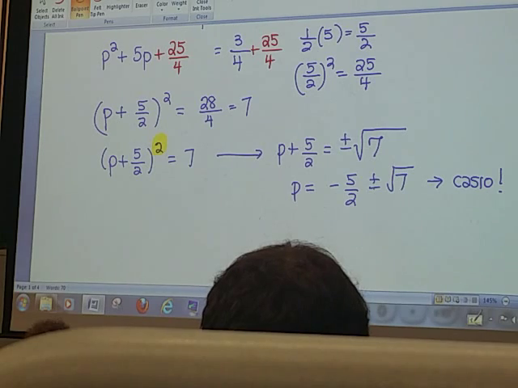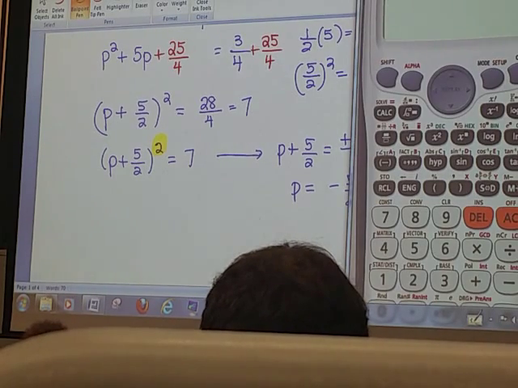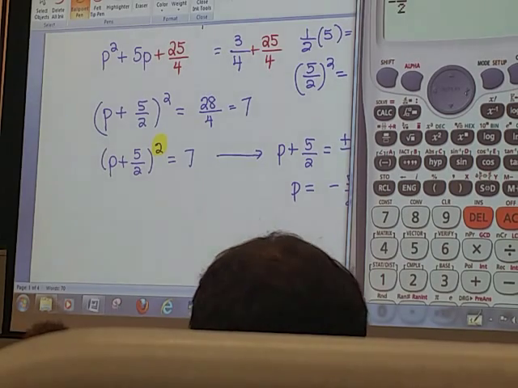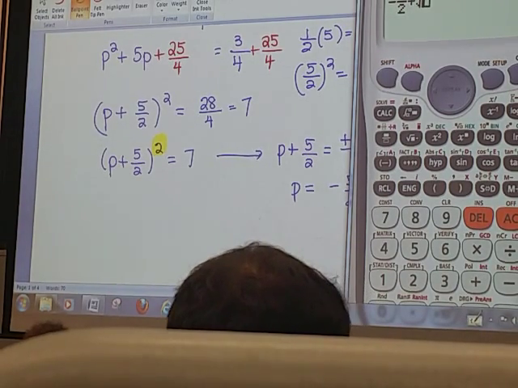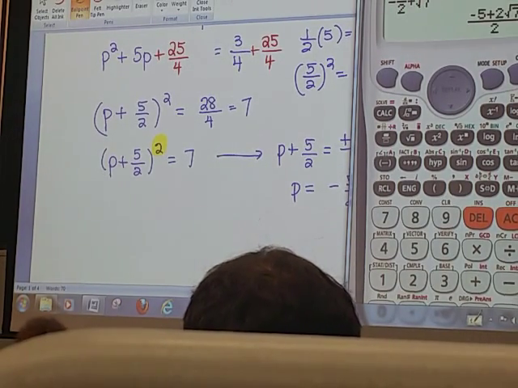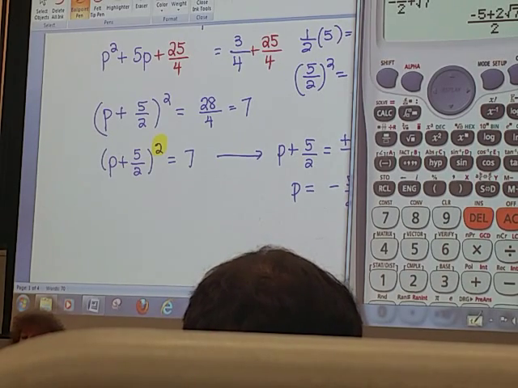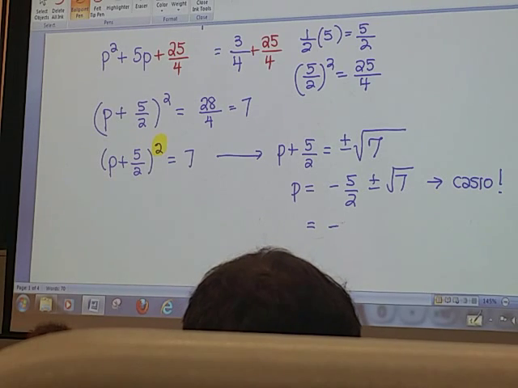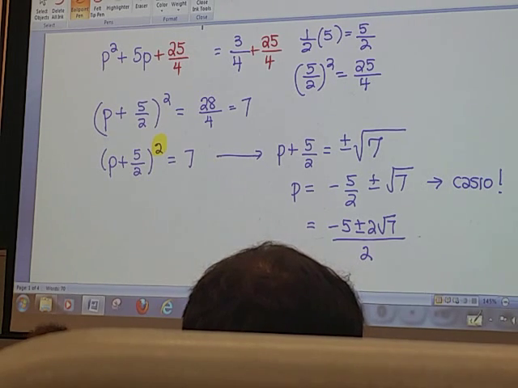And I can say negative 5 halves plus the square root of 7. Now we'll get negative 5 plus 2 square roots of 7 over 2. So this becomes negative 5 plus or minus 2 square roots of 7 over 2. That's it.